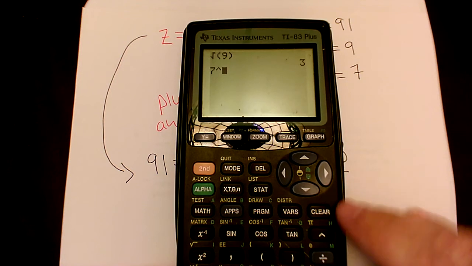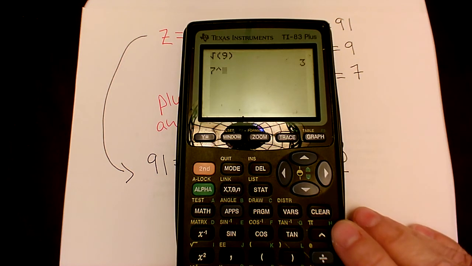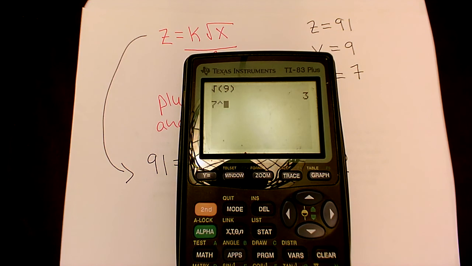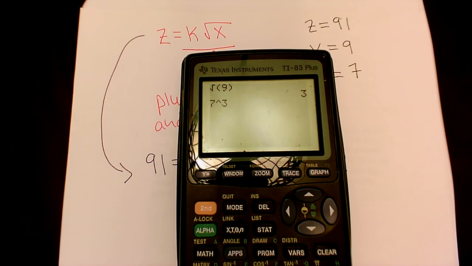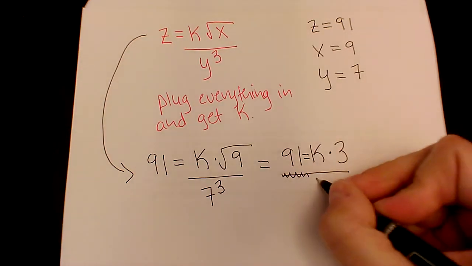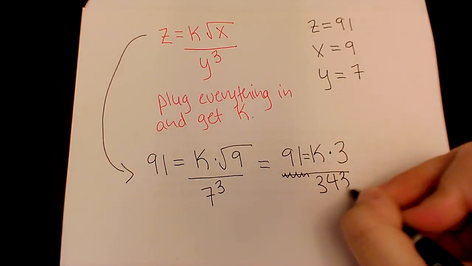Let me show you where that is. Right under clear is raised to the power 3. So that means 7 raised to the 3rd power. I'm going to hit enter. So 7 cubed is 343. I'm going to put that underneath.